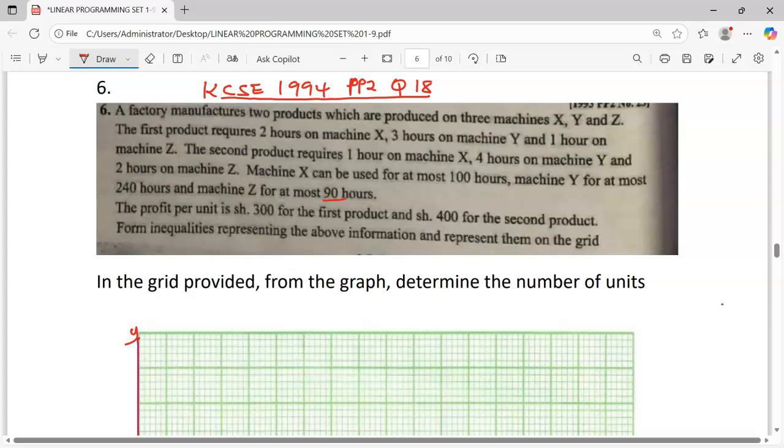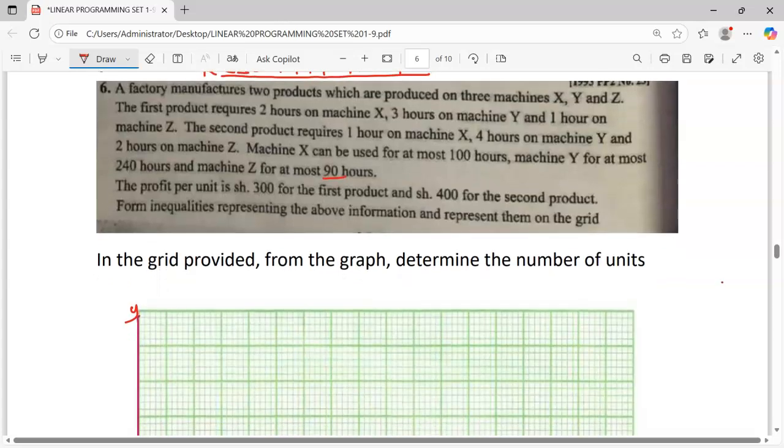We have three machines: machine X, Y, and Z. I want to begin with machine X. We have been told the first product requires 2 hours of machine X, and the second product requires 1 hour of machine X, and therefore we are going to take 2x plus y less or equal to.